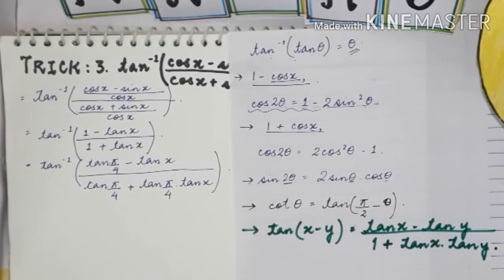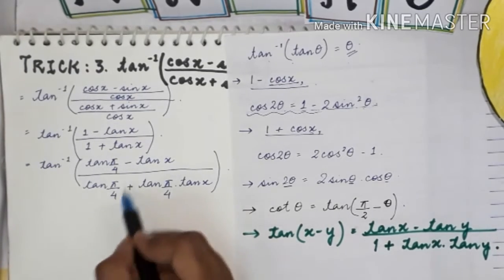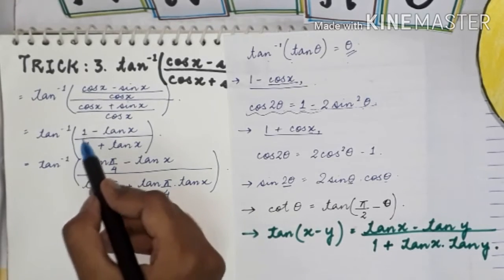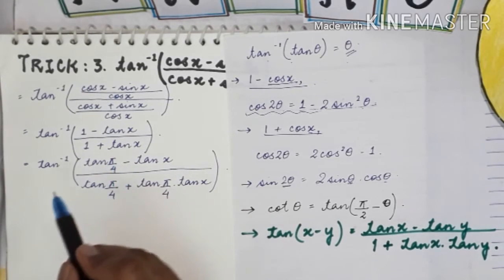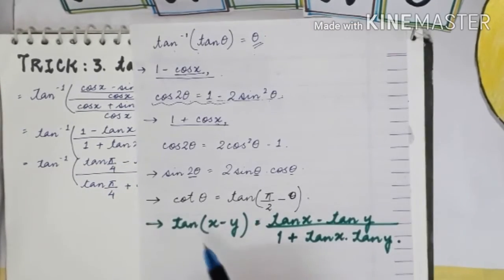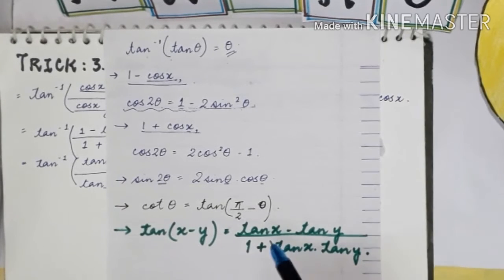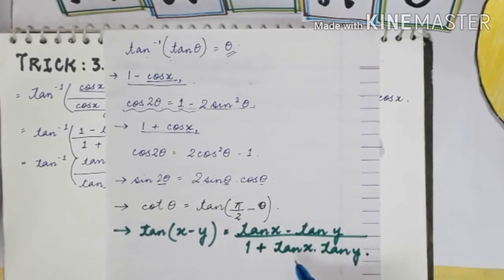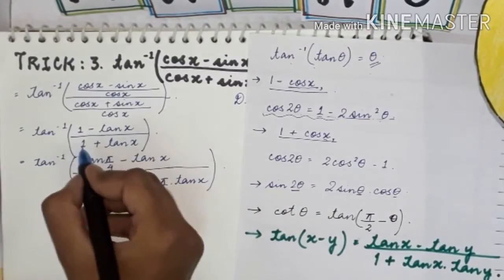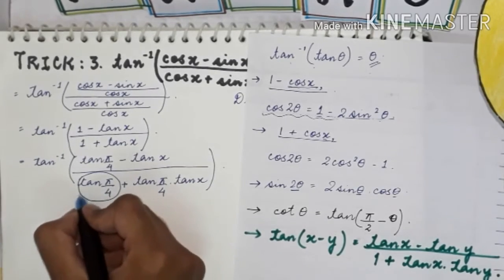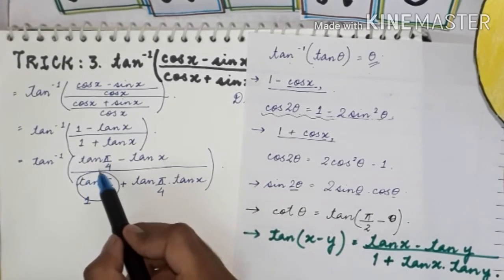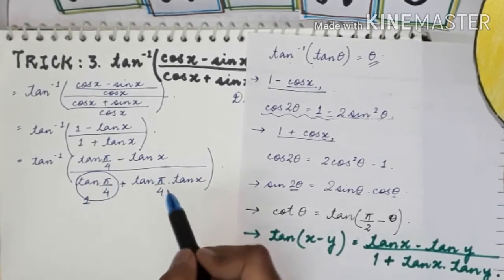Here I have written this so that you should not make this mistake. You have to remove this 1 by tan pi by 4, but you don't have to remove this 1 by tan pi by 4. See, the identity is tan x minus y is tan x minus tan y upon 1 plus tan x tan y. So, don't remove this 1 by tan pi by 4. Write 1 in place of it. So see, it is tan pi by 4 minus tan x upon 1 plus tan pi by 4 tan x.